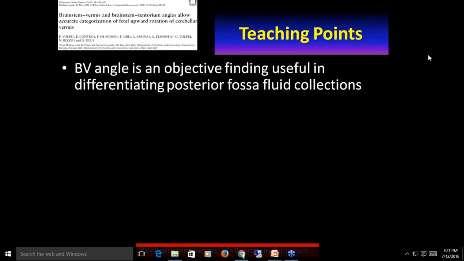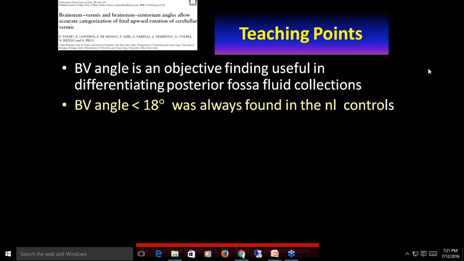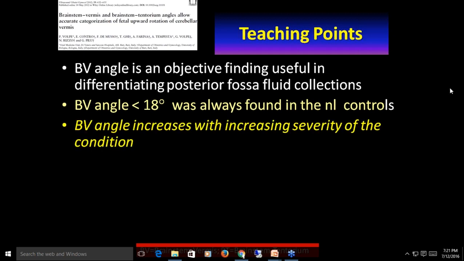So what are the teaching points in relation to these two angles that I was talking about? The BV angle is an objective finding useful in differentiating posterior fossa fluid collections. BV angles less than 18 were always found in normal controls in the article that I just mentioned to you.